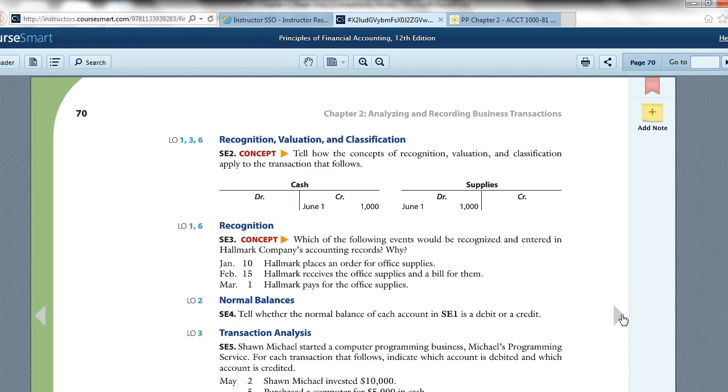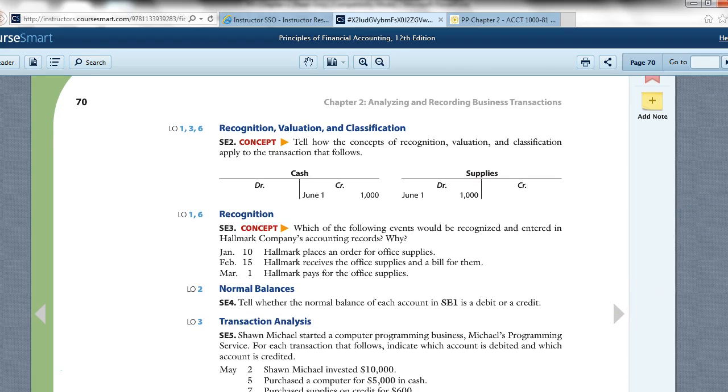Now, unearned income would be when Troy writes me a check and hands it to me for $1,000 to represent him in an audit, but I haven't even done anything yet. So I receive his money, but I haven't done the work.